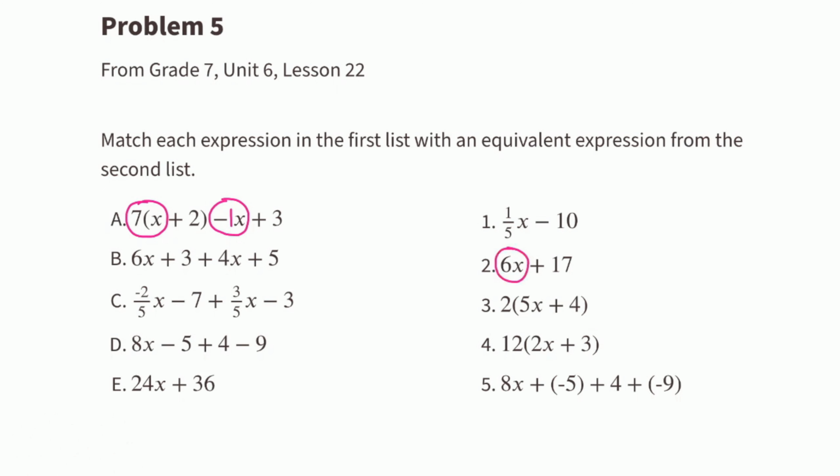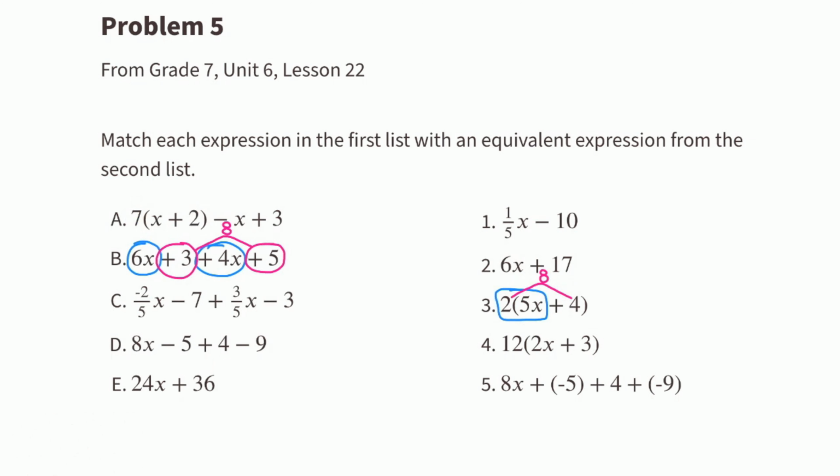So far it matches with expression number 2 on the second list. Back to expression A. 7 times 2 is 14, and 14 plus 3 is 17. So it is a match with expression number 2, 6x plus 17.